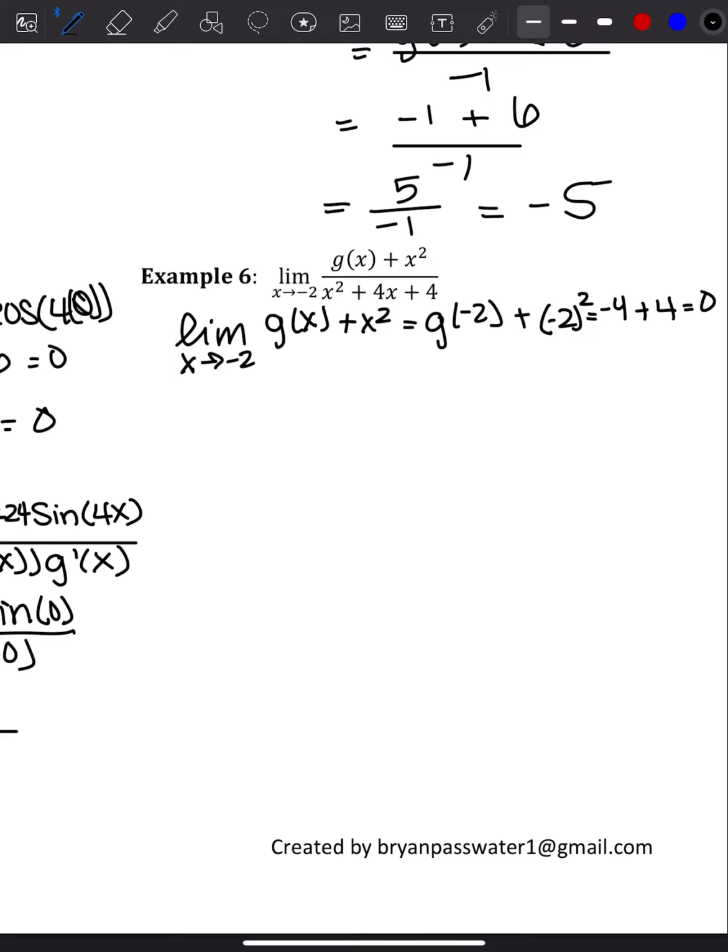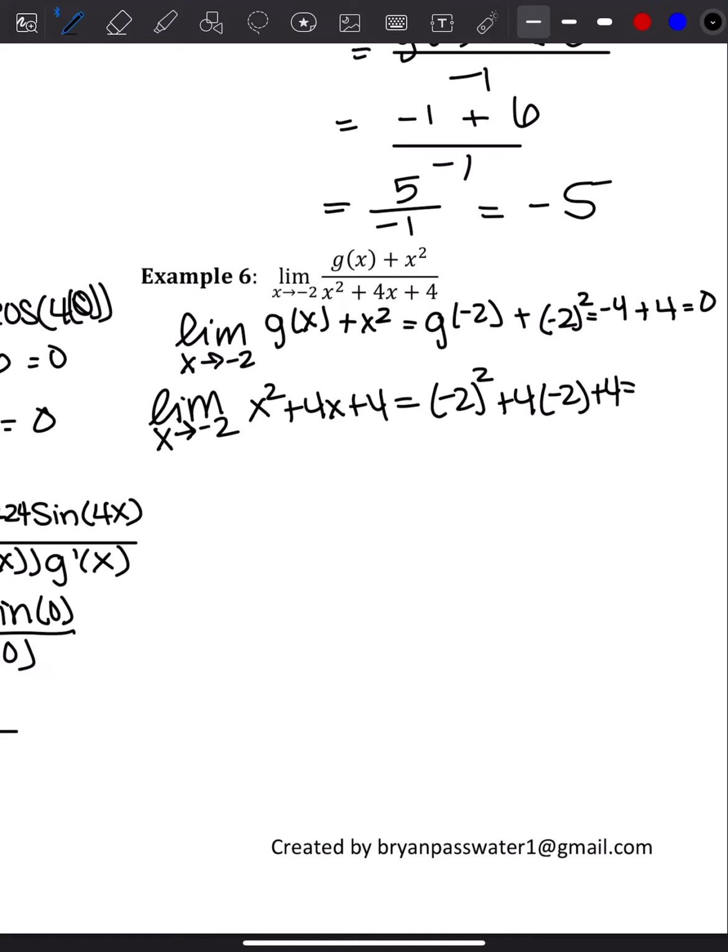Negative 4 plus 4 is 0. For the denominator, x approaches negative 2 of x squared plus 4x plus 4. Negative 2 squared is 4. 4 times negative 2 is negative 8. Plus 4 gives us 0.